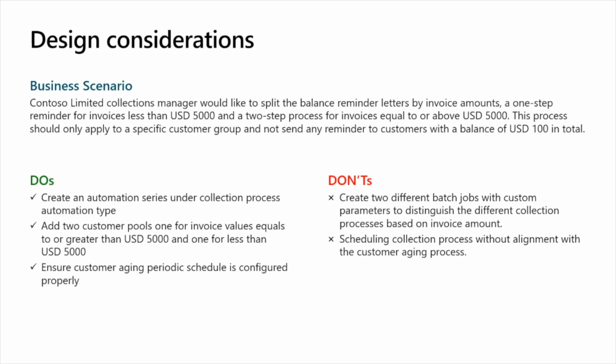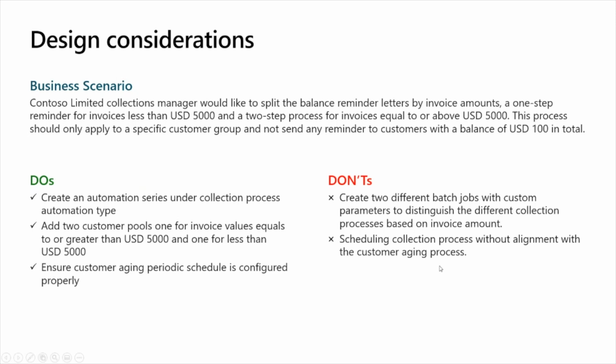Obviously you would create an automation series, right? Within that one single automation series, you would create two customer pools, one for customers above 5,000, one for less than 5,000, right? And you would make sure that the aging periodic schedule is configured properly.